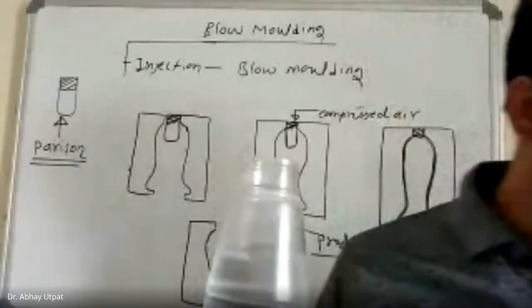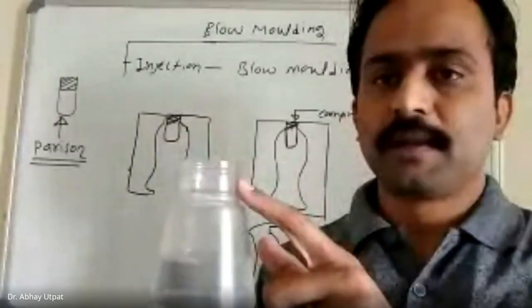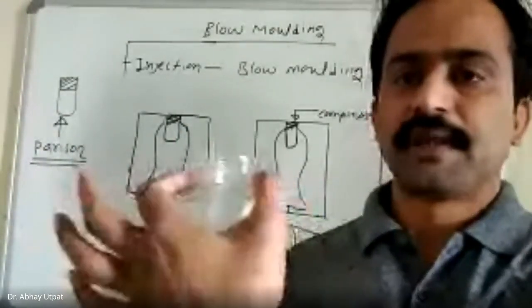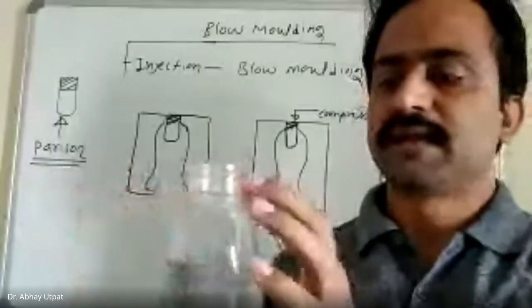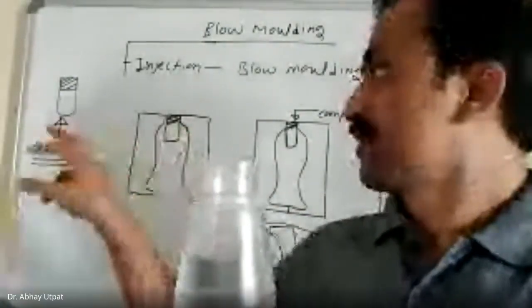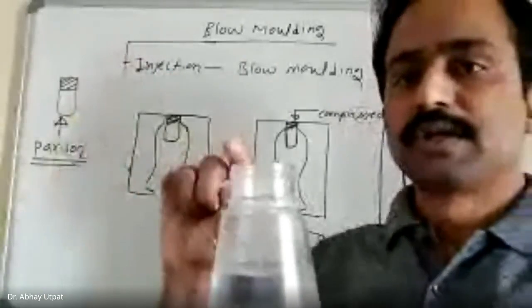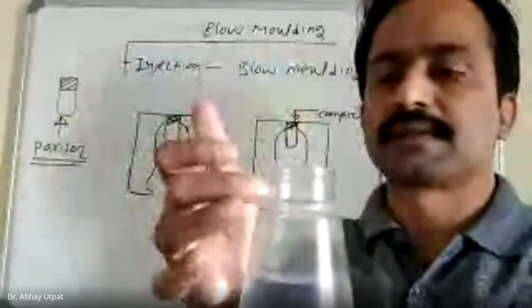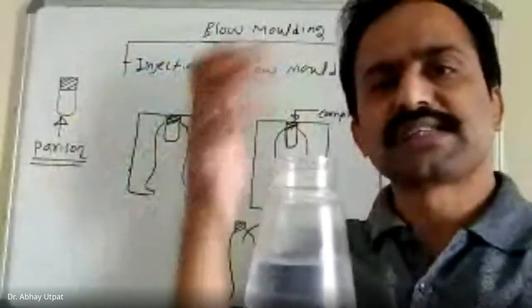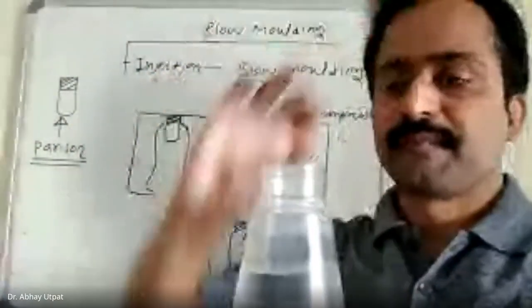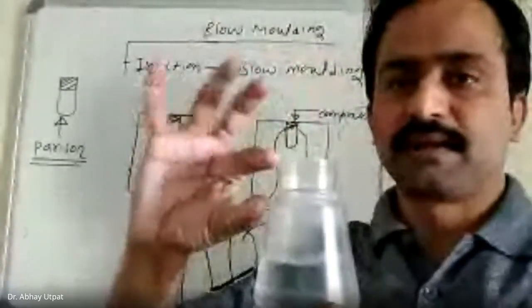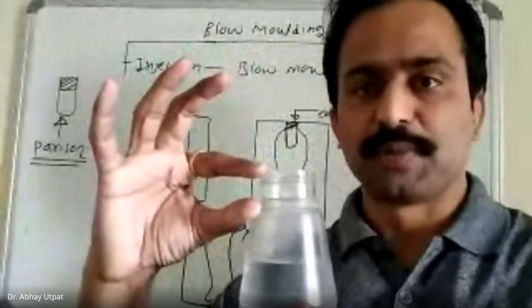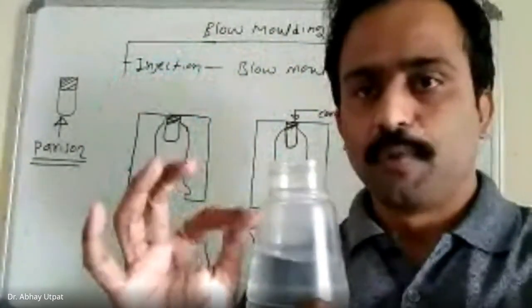Earlier the parison used to be of this diameter, and it has some sufficient length as shown by me here. This upper part with threads and other requirements, maybe the numbers and stamp marks, everything is ready in injection molding. So there is no change in this upper part during blow molding. This part is the final shape of that parison. The bottom part is only swelled.